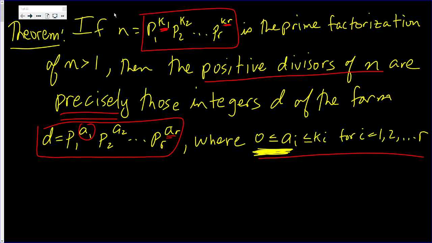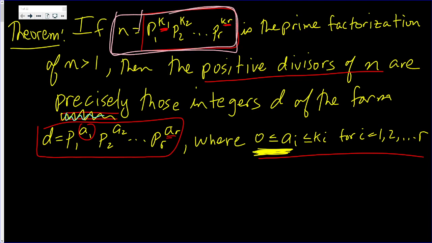Now, precisely. That's a very key word. It basically says if this is n, the prime factors of that n are precisely numbers in this form. That's if and only if.